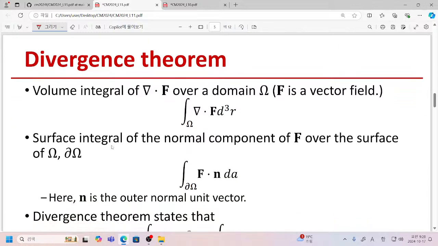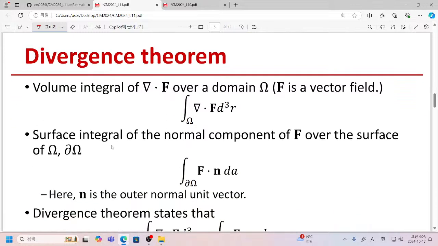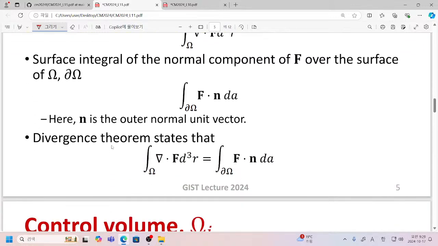Okay, so in order to make it clear, let me spend 2 more slides on some topics. The first one is the divergence theorem. It simply states this. If you already understand the divergence theorem, then I will be very happy.